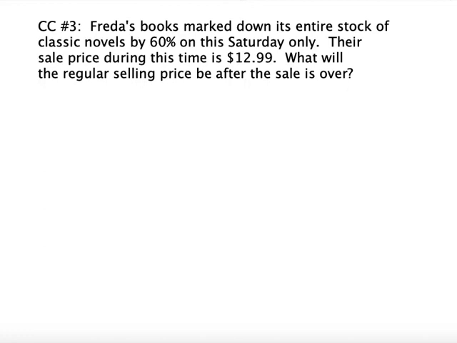It says Frieda's Books marked down its entire stock of classic novels by 60% on this Saturday only. Their sale price during this time was $12.99. What will the regular selling price be? Well, the regular percent rate would be 100 minus 60, or 40%.